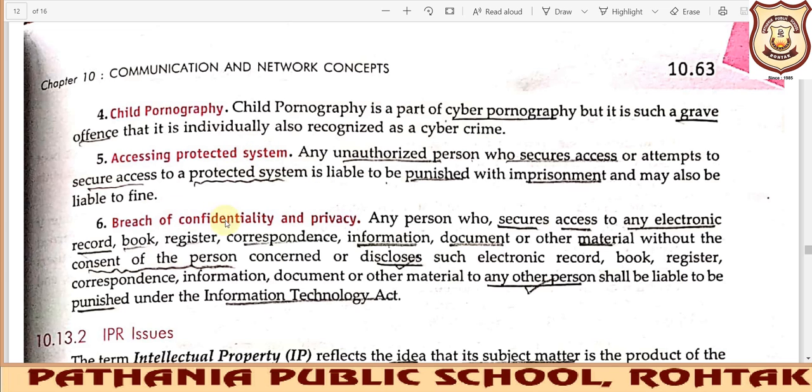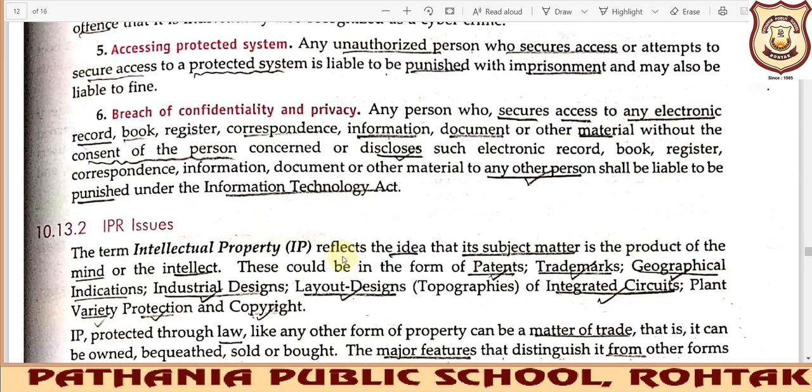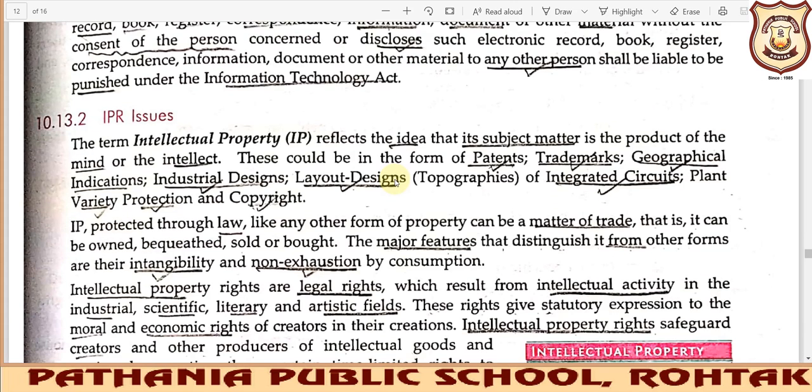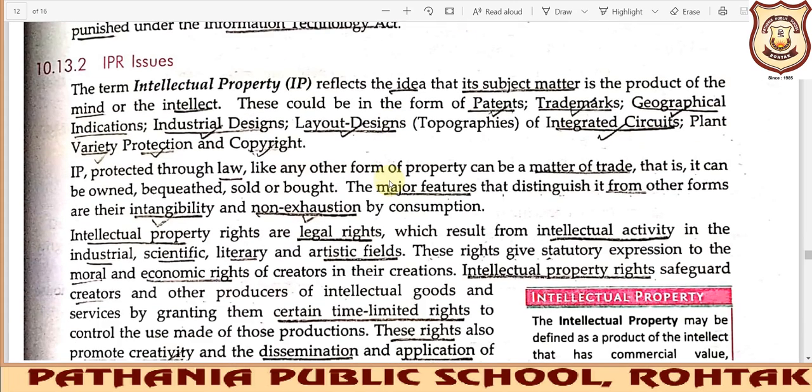Breaches of confidentiality and privacy, like if somebody is trying to crack my password, he is trying to crack my privacy, so that is also a crime. So these all are punishable crimes, and against that there can be penalties for the one who is trying to do so.